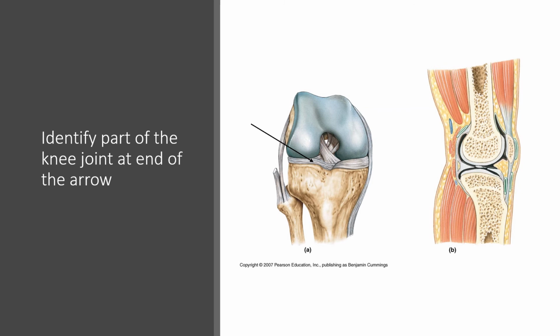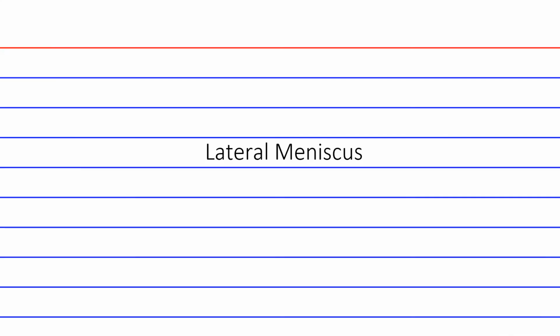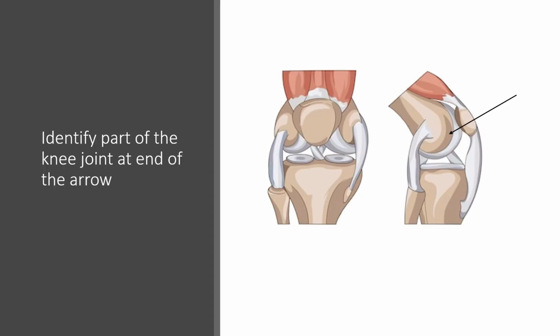Identify part of the knee joint at the end of the arrow. The answer was the lateral meniscus. Identify part of the knee joint at the end of the arrow.